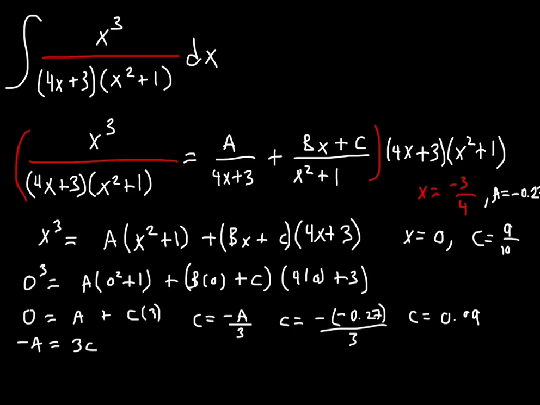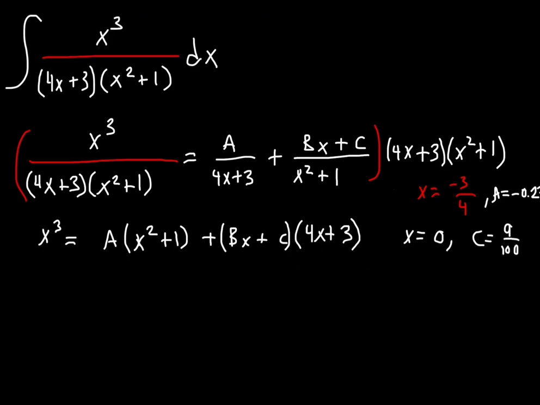9 over 100. Now I'm going to solve for B. So I will use a nice value. So x equals 1. So 1 cubed is equal to a times 1 squared plus 1 plus bx. It's supposed to be b times 1.